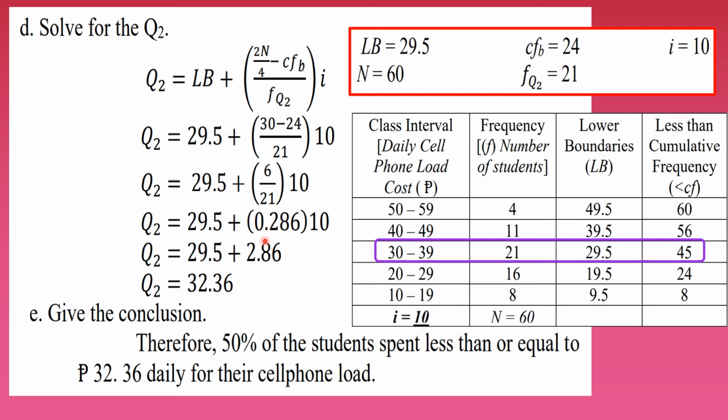That is equal to 0.286 times 10. 2.86 added to 29.5 is equal to 32.36.